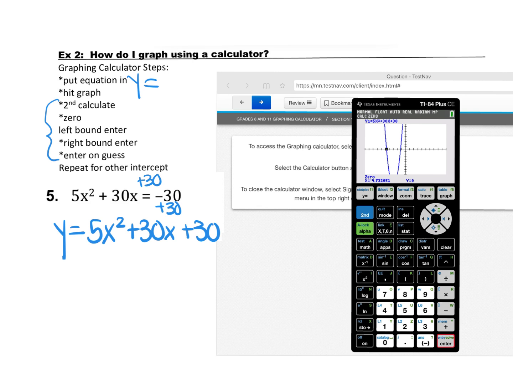All right, so our x is equal to negative 4.73. So x is equal to negative 4 point, let's just say 7.